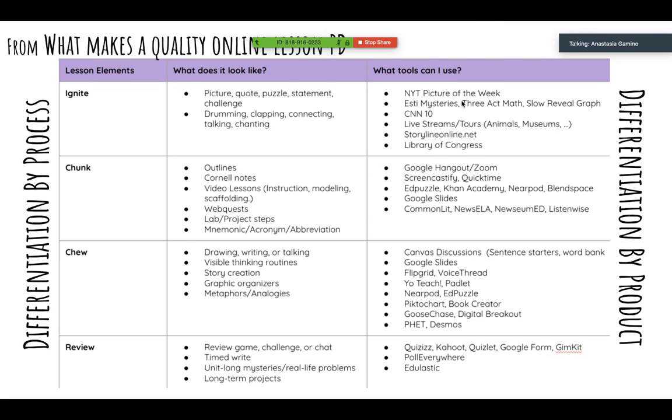Some students are on the computer, but then you're able to differentiate by process and pull a small group to work on either pre-teaching a concept or going back and teaching a concept again. Since we're so much more comfortable using these online platforms, this blended learning model can really support us in differentiating in the classroom as well.